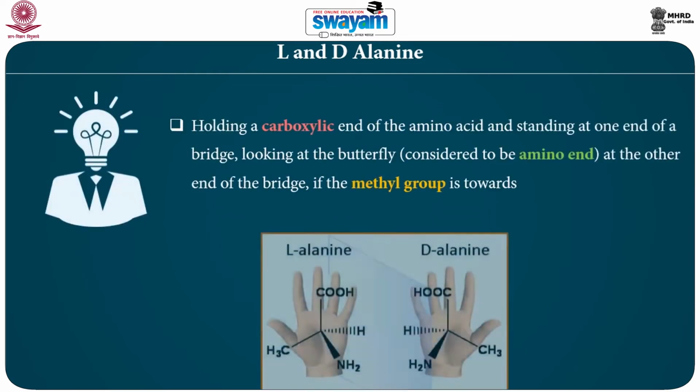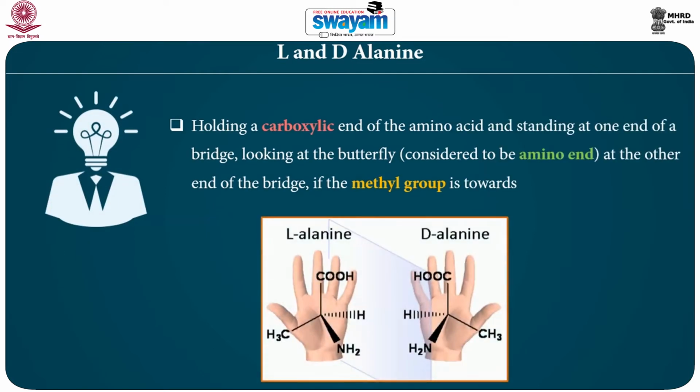Just consider yourself holding the carboxylic end of the amino acid and standing at one end of the bridge, looking at the other end, at a butterfly and the water flowing under the bridge. Now, suppose on your left hand side is the methyl group, then it is L-alanine. However, if the methyl group is to your right hand side, then it is D-alanine.